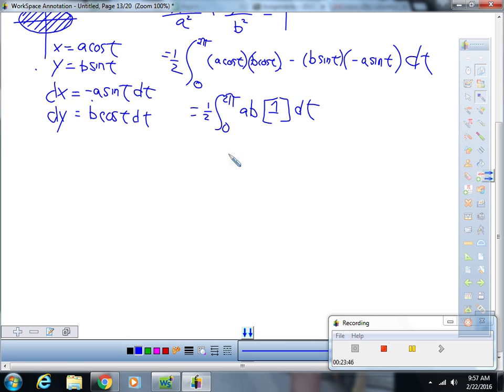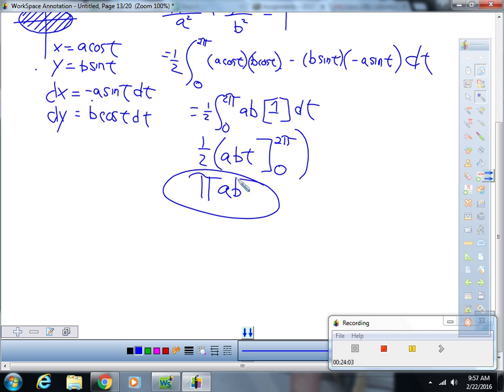So it is a b t from 0 to 2 pi times 1/2, and that is a b times pi. Boom.